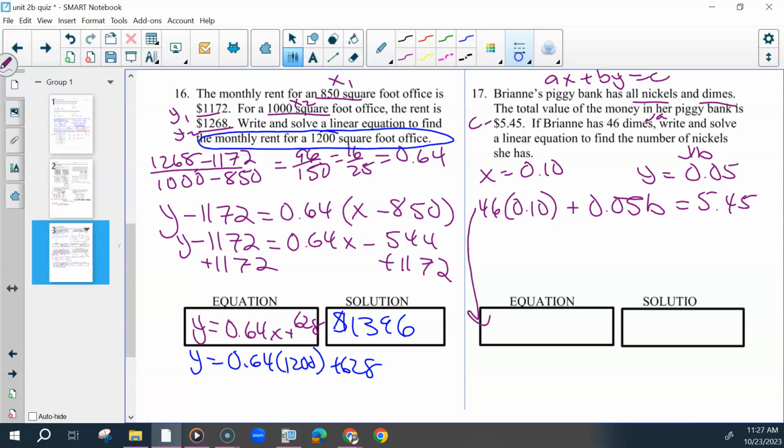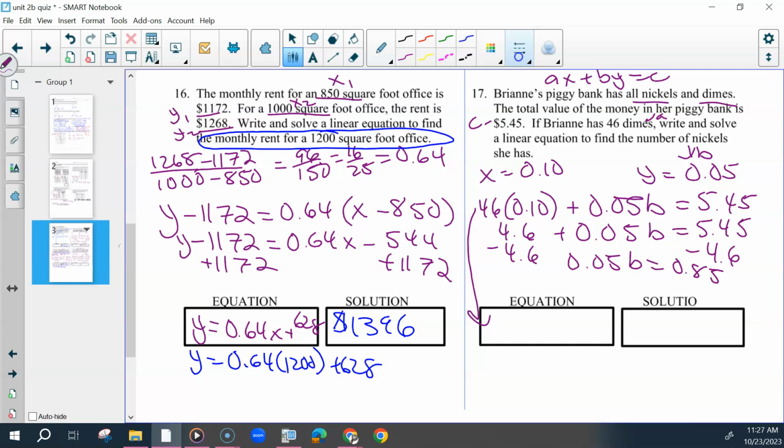Then you would have solved it. 4.6 plus 0.05b equals 5.45. Got rid of 4.6, which was 0.85, I believe, and divided. Some of us got 0.95, so double check the math there.